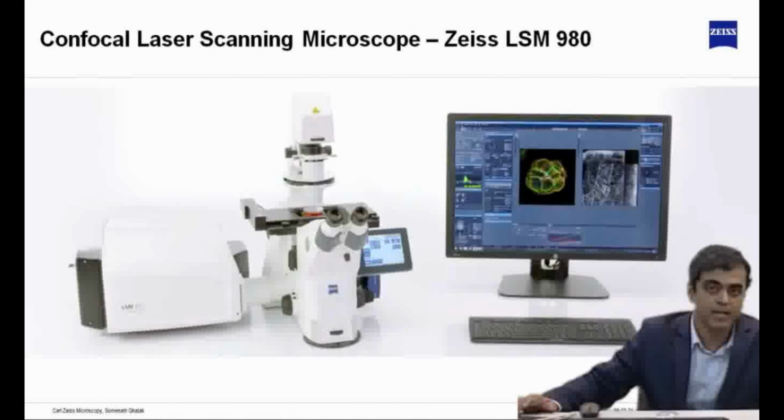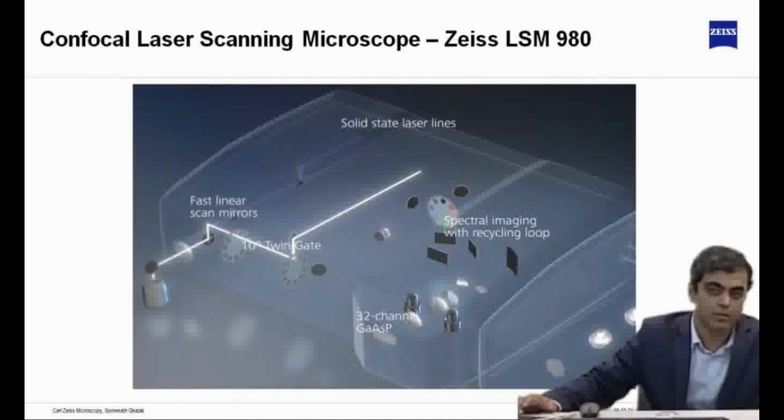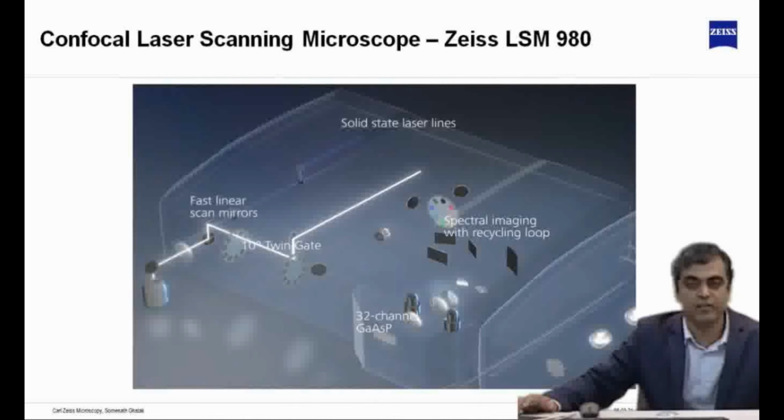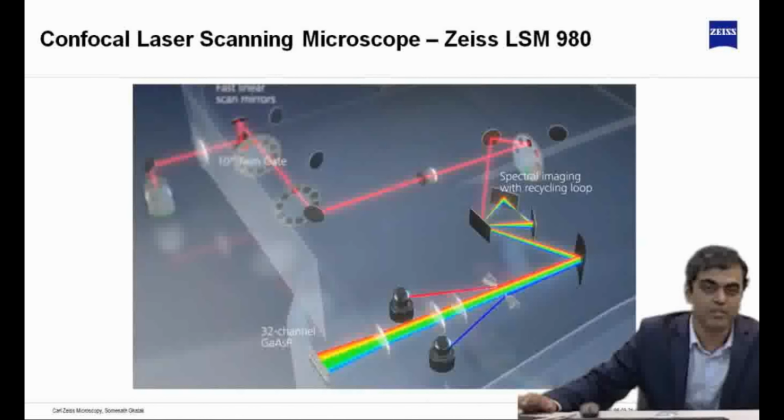Now this is the ZEISS LSM 980. I'll quickly show the light path. So in this, we have the white line which is coming from the solid state laser lines, and then it is coming onto your sample through the objective. Once it reaches the objective, the emission signal comes back.